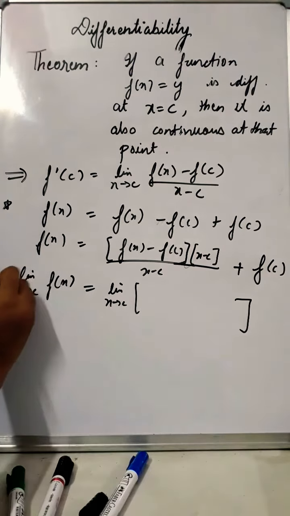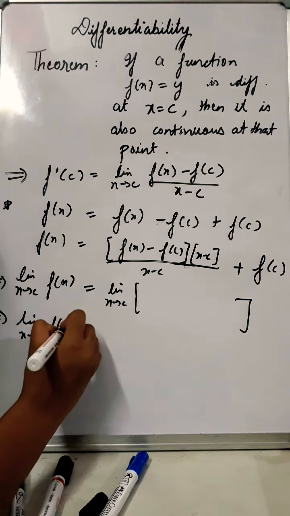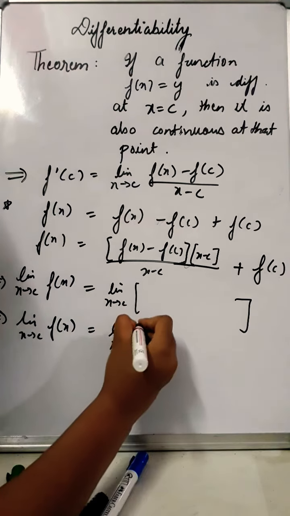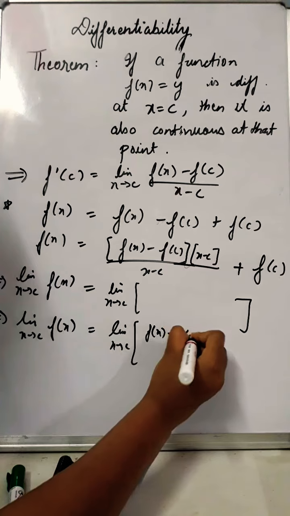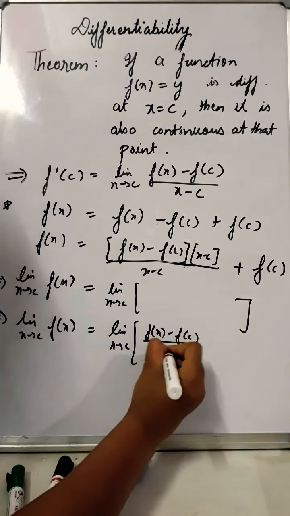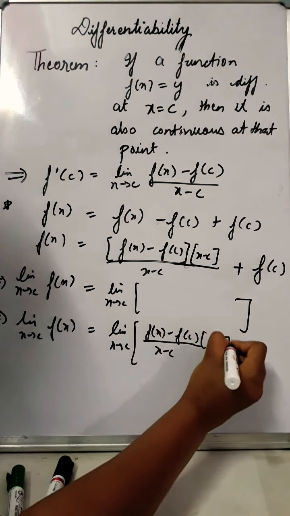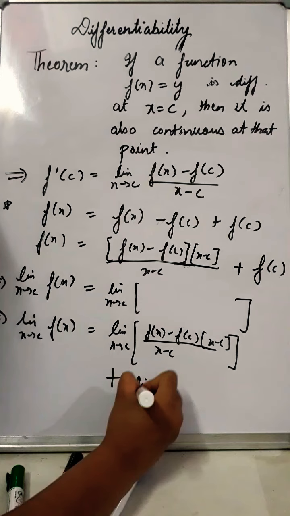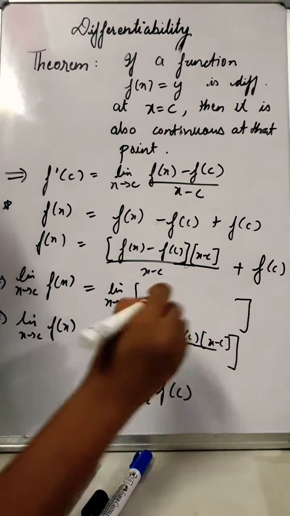Now we split the limit. So this becomes limit x tends to c f of x minus f of c whole upon x minus c, into x minus c, plus limit of f of c.